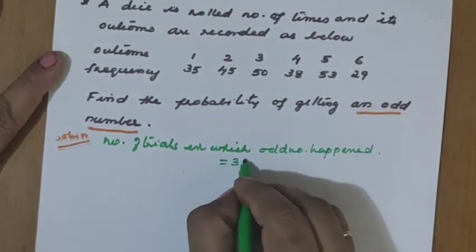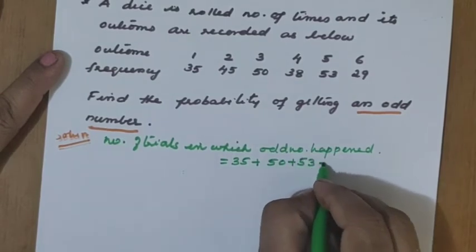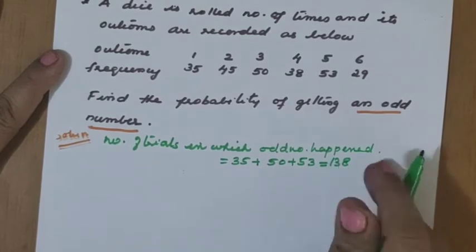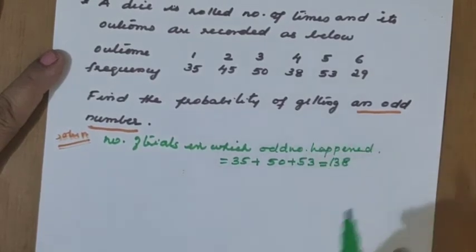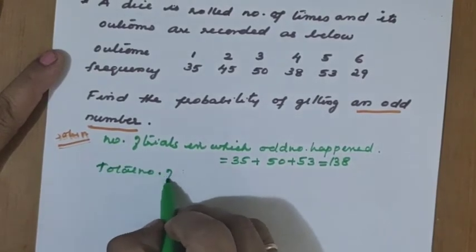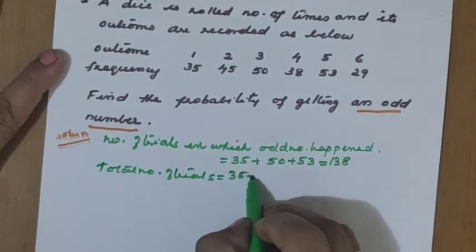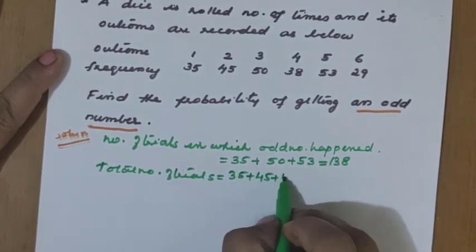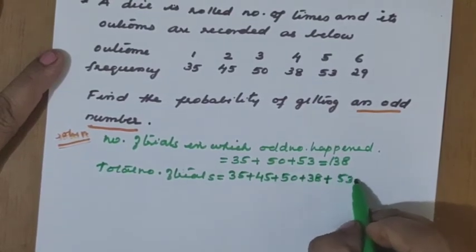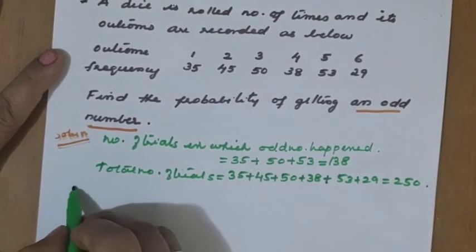So 35 plus 50 plus 53. So 138 are favorable to the event. So total number of trials, what should we do? Total number of trials means we should add all the frequencies: 35, 45, 50, 38, 53, then 29, you will get 250.